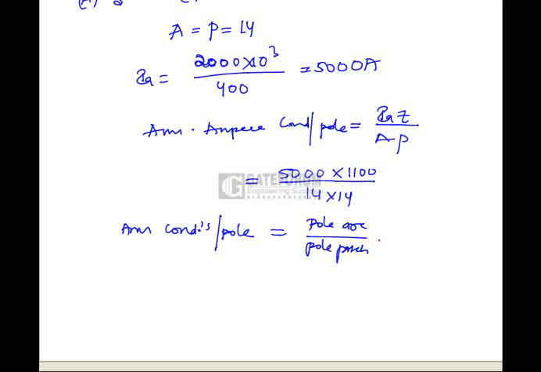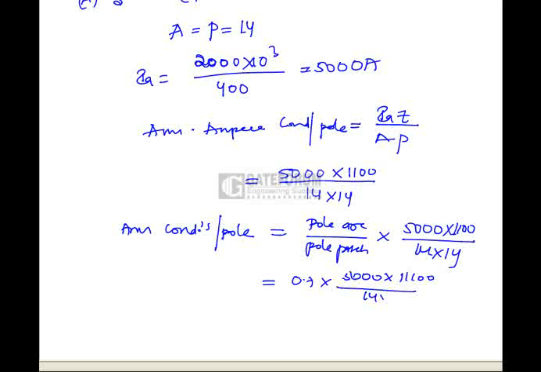So this is pole arc by pole pitch into 5000 into 1100 by 14 into 14, which is 0.7 into 5000 into 1100 by 14 into 14.